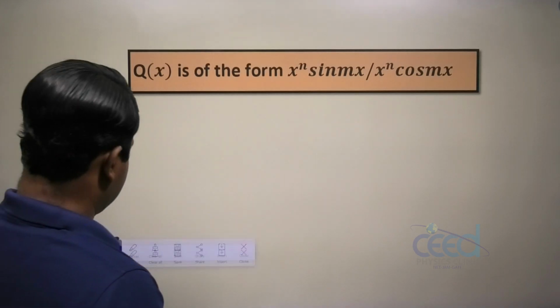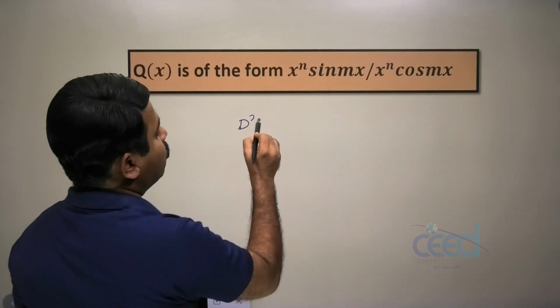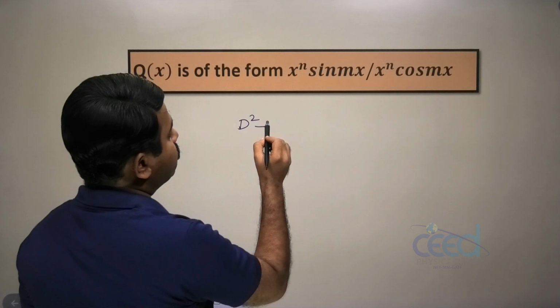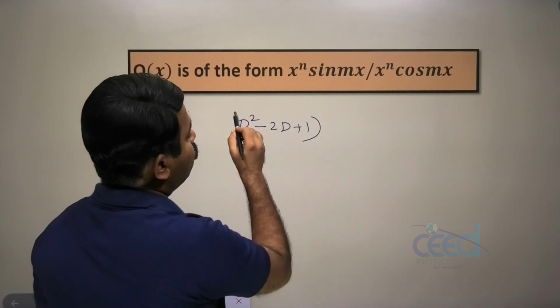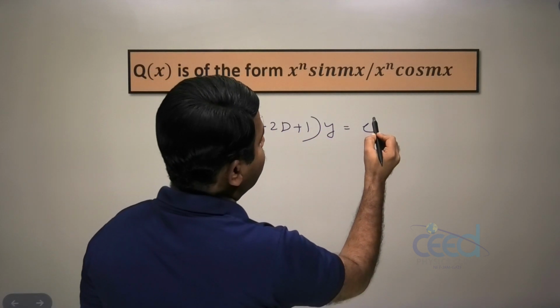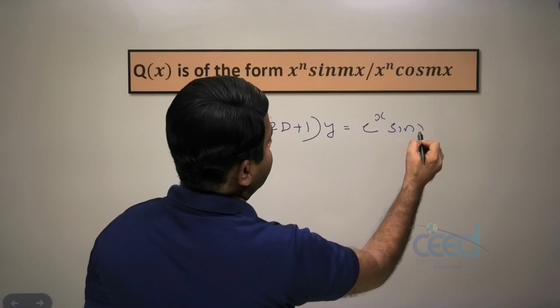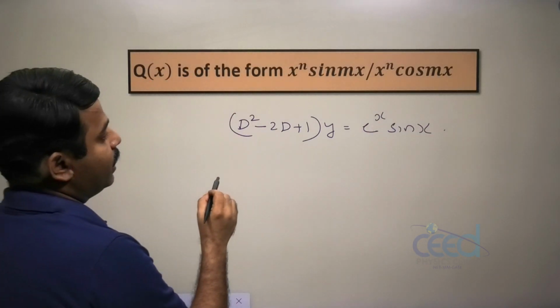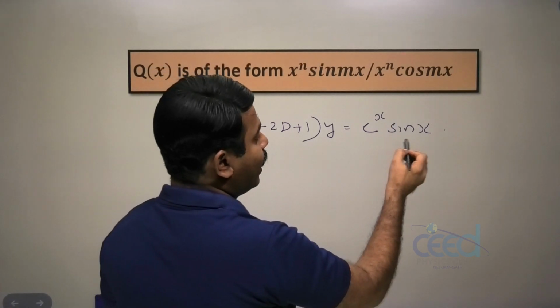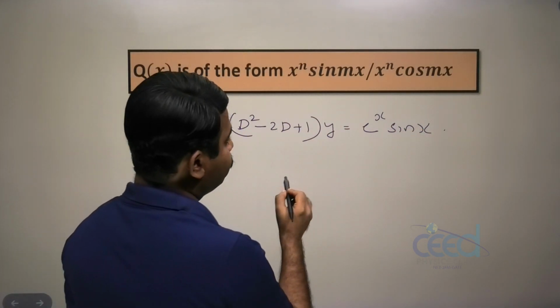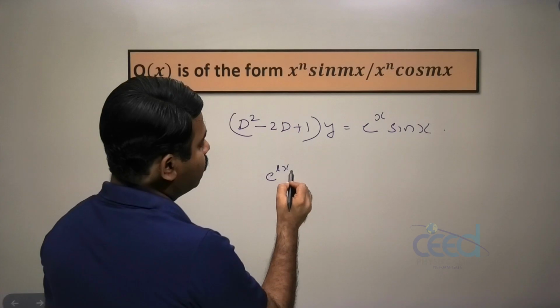Suppose one function is given like this: d square minus 2d plus 1 into y is equal to e raised to x sin x. If it is e raised to x sin x, you have to write sin x using, for example, e raised to ix.